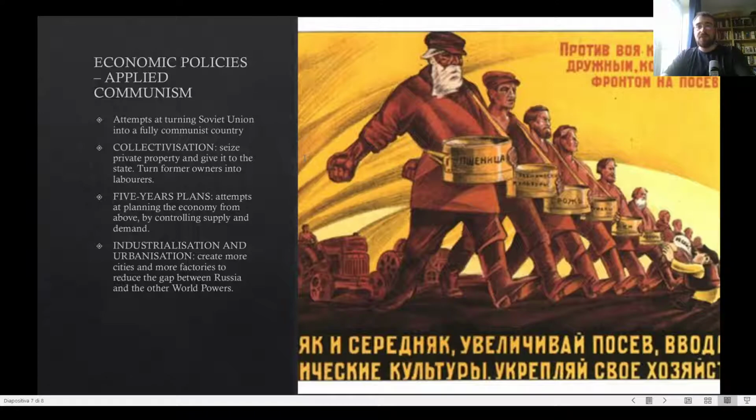At the basis of communism is the idea that society is divided into two classes: the bourgeoisie, which are those who own the means of production, so lands, factories, machines, tools, whatever, and the proletarians, which are those who work with those means of production, so the agricultural laborers, the factory workers, the working class.